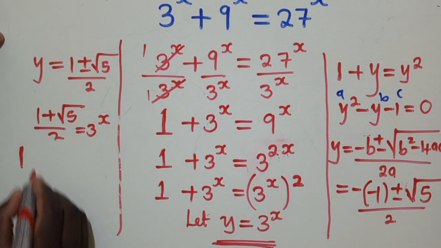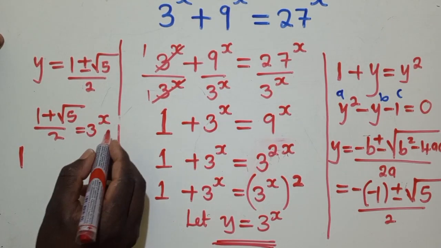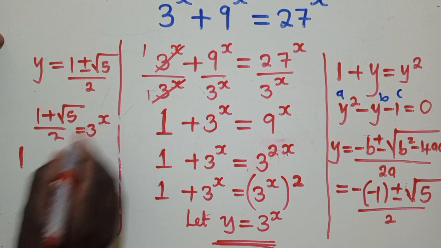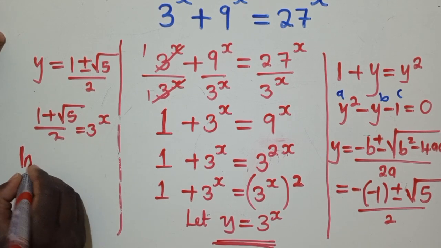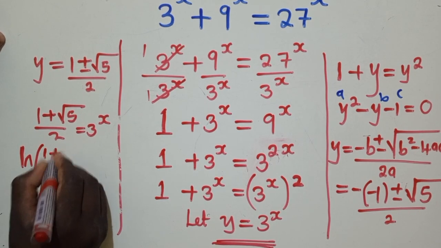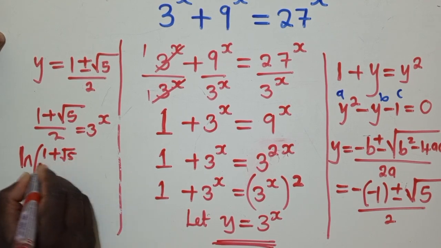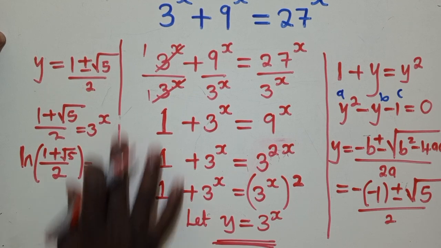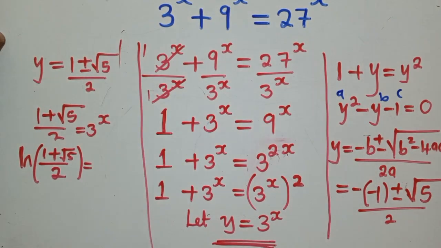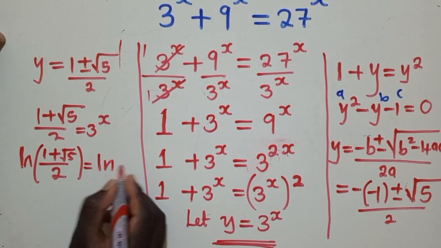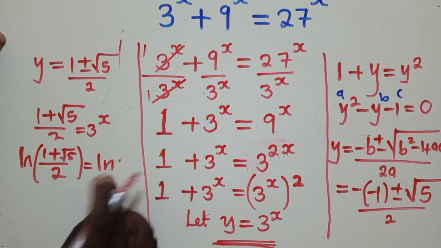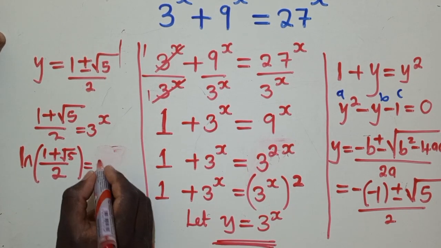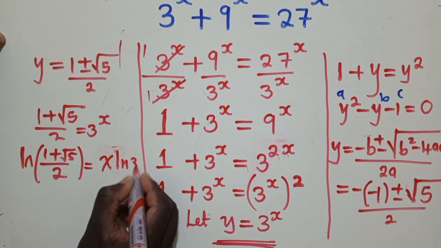To the people who don't know the logs or natural logs, they will bring down this power. So we're going to say ln of 1 plus root 5 over 2 is equal to x ln of 3.